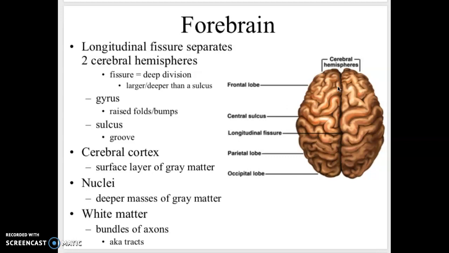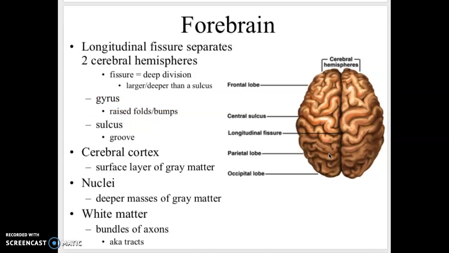In the forebrain, you can see there are 2 kind of hemispheres of the brain, 2 halves of the cerebrum. Anytime you see the word gyrus, that's going to be the mountain peak. Anytime you see a sulcus, that's going to be like a little groove. Again, these terms you guys will need to know on the lab section, but not so much here.